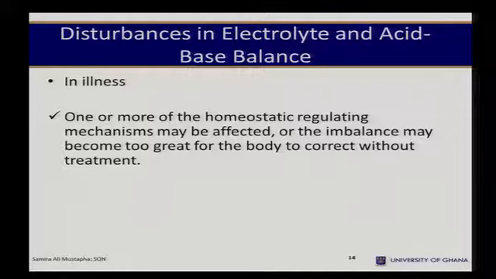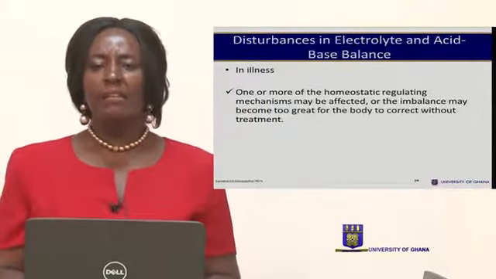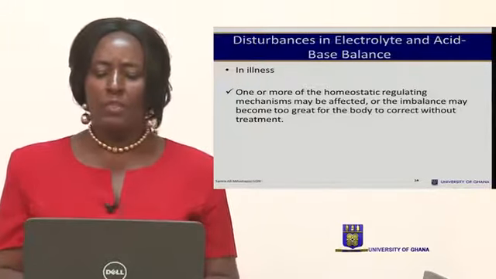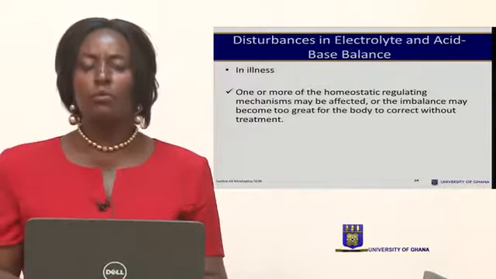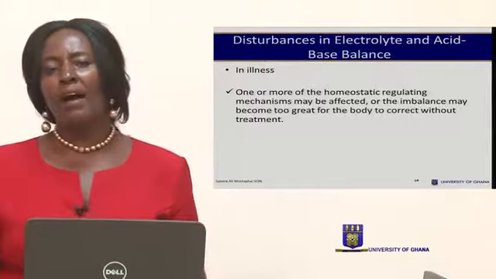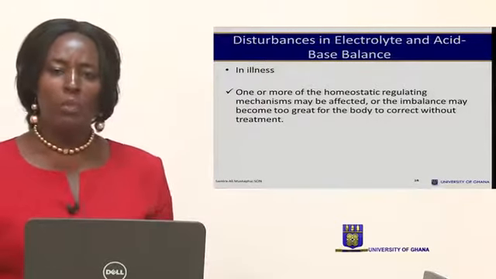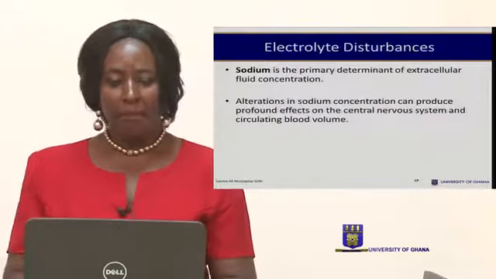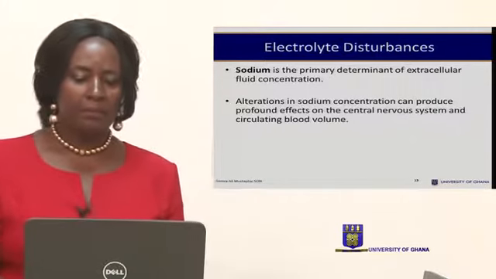We know that the body tries to maintain a balance, that is homeostasis. However, when it is out of balance, then illness occurs. So it's very important that we do all we can by way of our lifestyle to promote homeostasis in our body, and that is health.